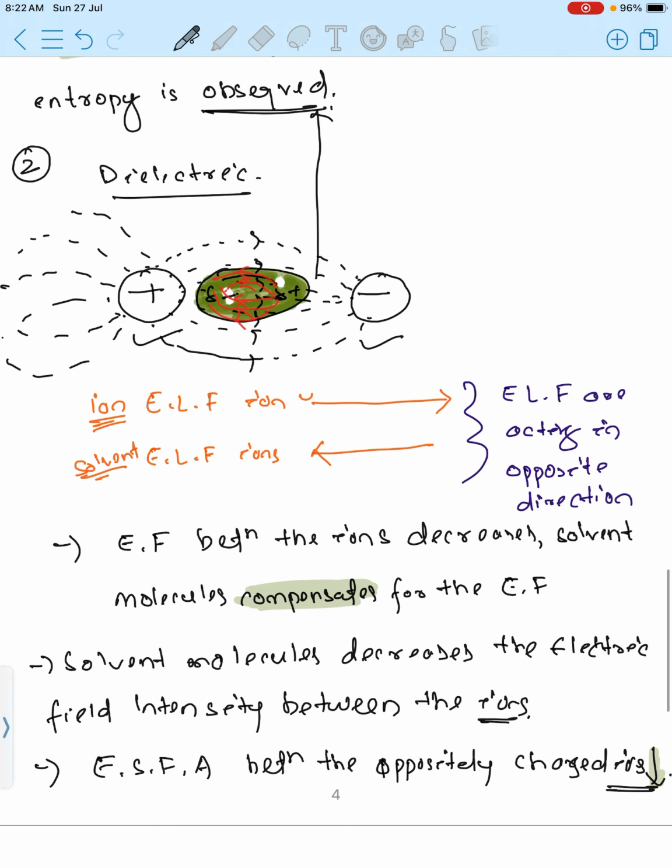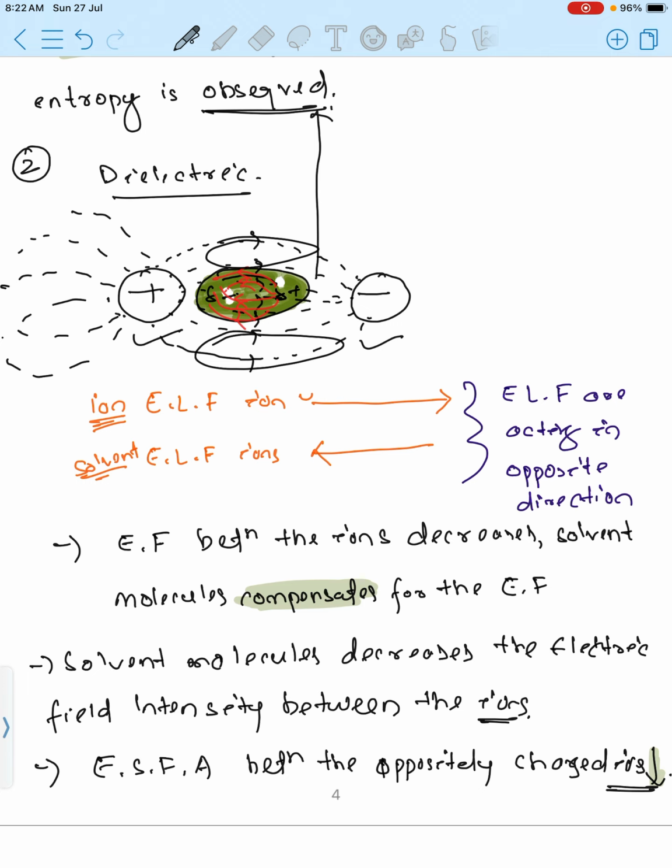That is, if more number of solvent molecules come in between them, more number of electric lines of forces get diluted existing between the ions, as the solvent molecules are creating an opposite electric field, which would decrease the influence of the electric field created by the ions, which would decrease the electric field intensity. As a result, the electrostatic forces of attraction existing between the ions decrease. Therefore, the ions will become more and more free.